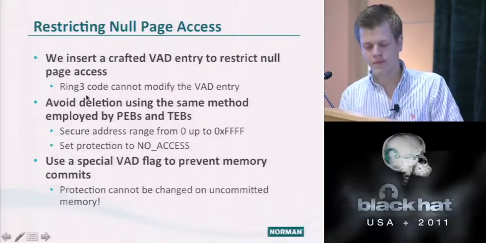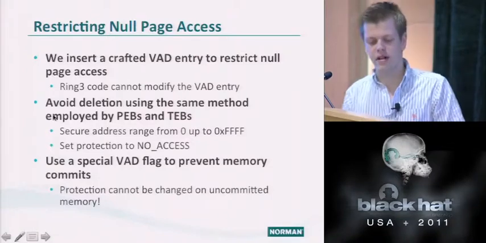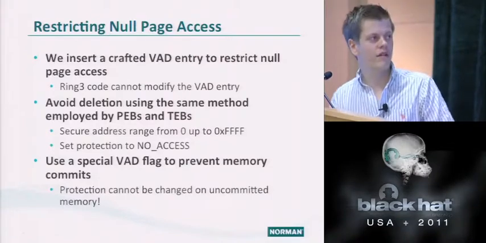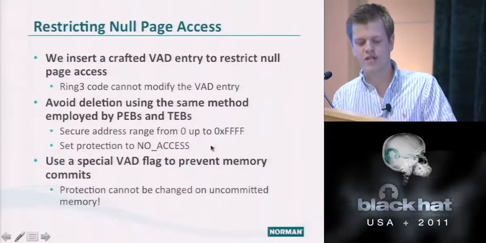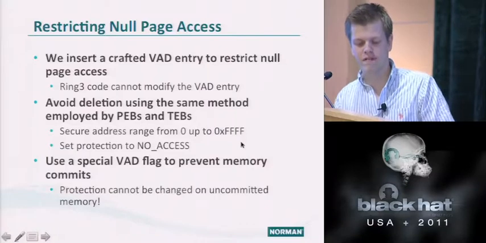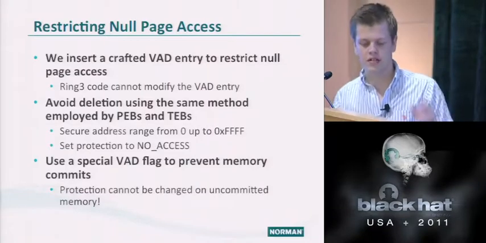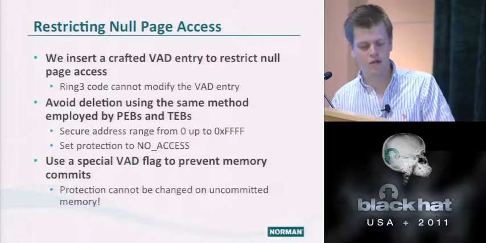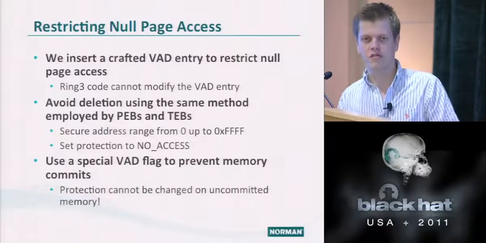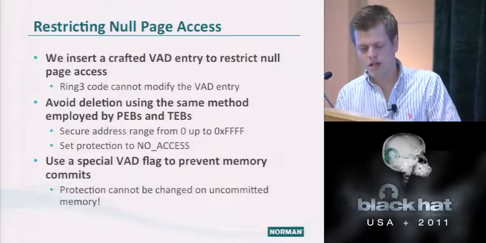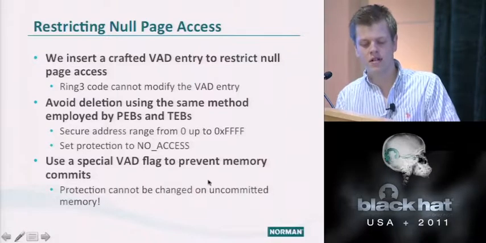We avoid the deletion using the same method as the PEB and the thread environment blocks, and we set the address range from 0 to FFFF, which is the entire lower part of Windows that is not usually used unless you start a 16-bit process. We also set the protection to no access.